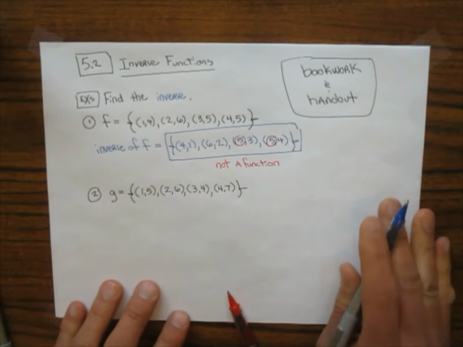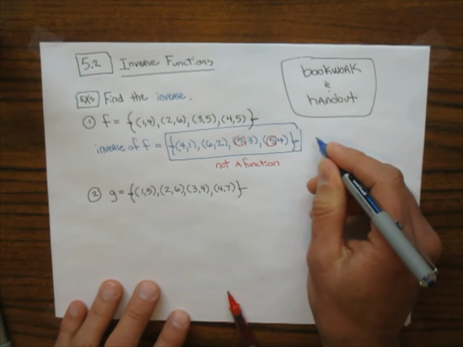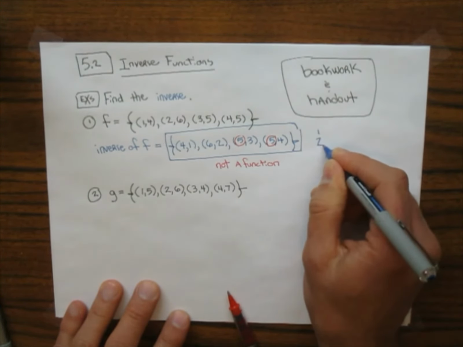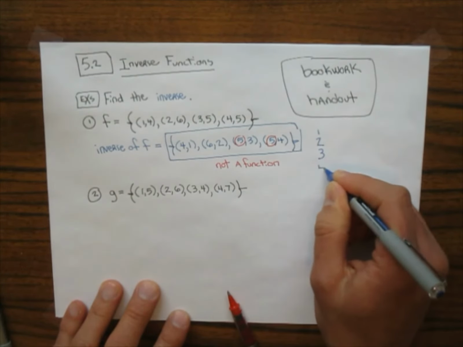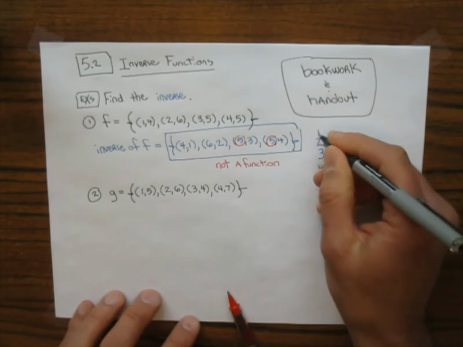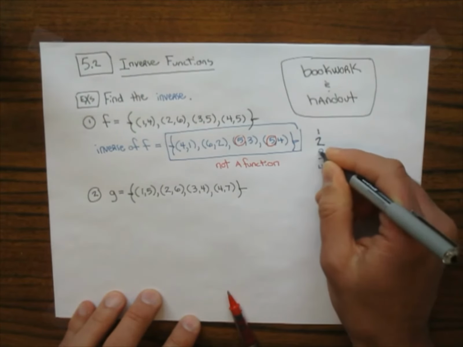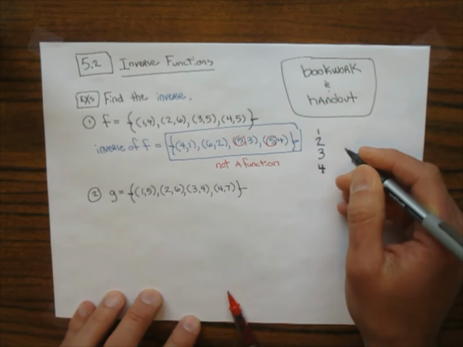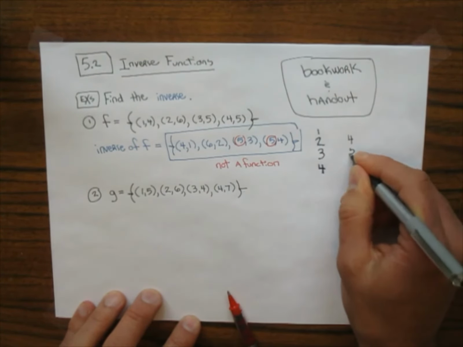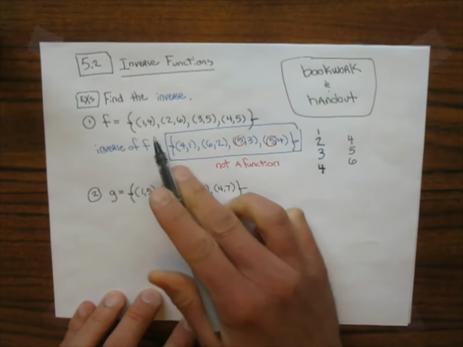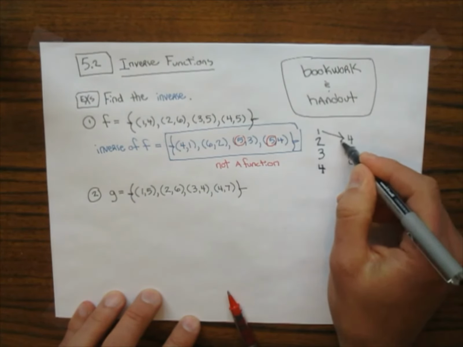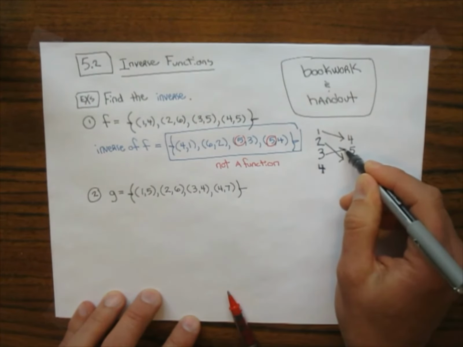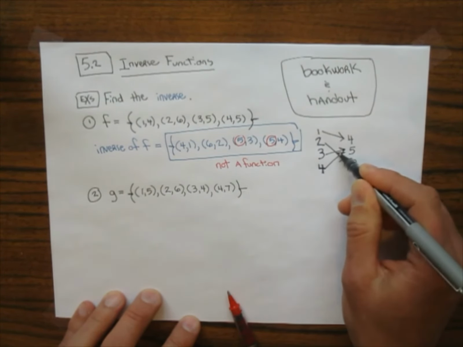I think in this class we did arrow diagrams. If you want the arrow diagram for the original function f, 1, 2, 3, 4, and we have 4, 5, 6. 1 goes to 4, 2 goes to 6, 3 goes to 5, 4 goes to 5.